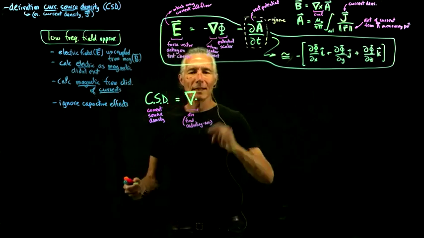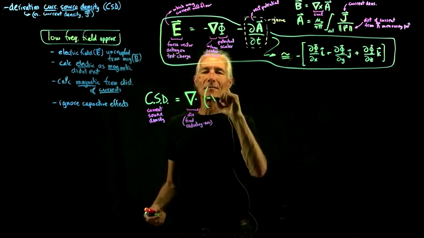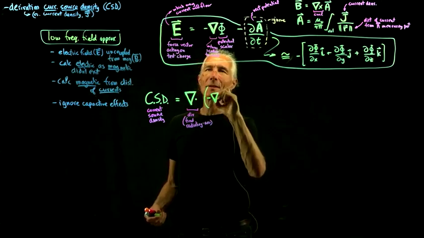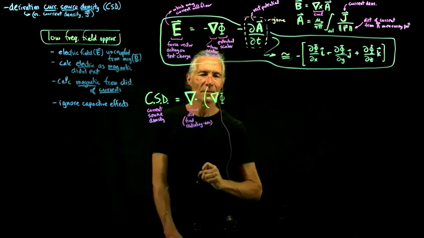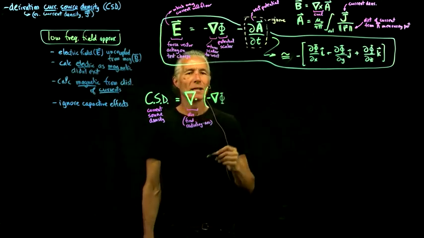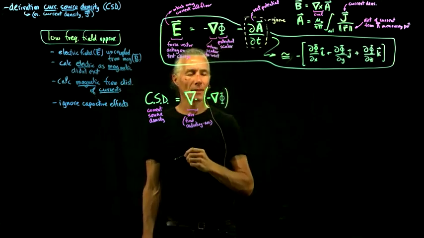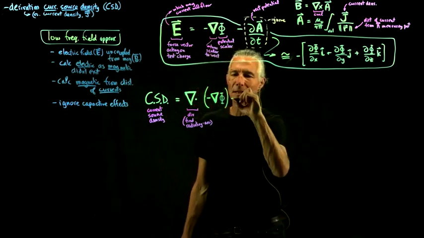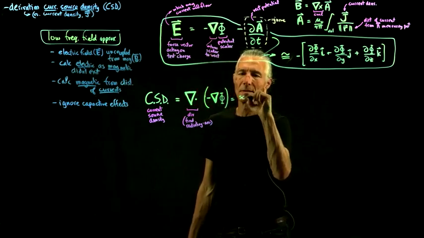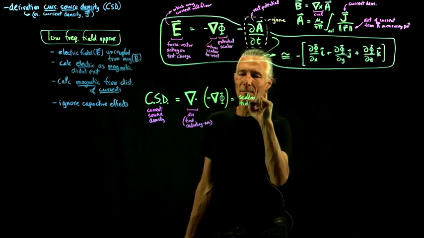So it's finding the radiatingness of the negative of the steepest uphill direction of the voltage, the potential. And that thing is a scalar field, meaning just numbers.